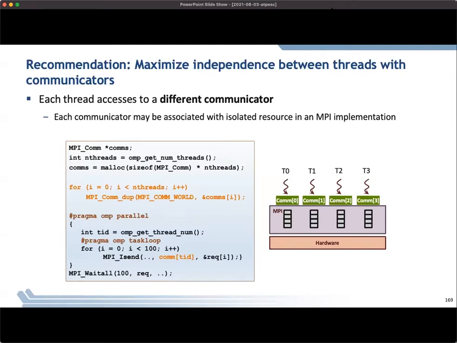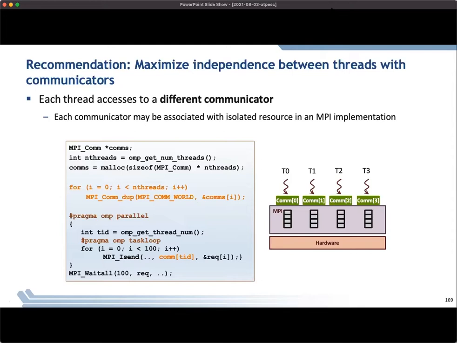One technique is using different communicators for different threads. A quick example: now I have four threads, and suppose they all want to communicate using MPI_COMM_WORLD. Instead of letting all of them use MPI_COMM_WORLD, I'm going to create duplications of MPI_COMM_WORLD for each of the threads. Although they're talking to the same group of processes, the communication happens on different communicators.